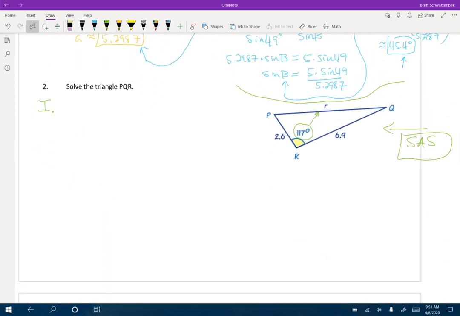You always take the side that you're trying to find on one side and square it. On the other side, you take the other two sides. So let's throw the variables in here. This is P and this is Q, right? We're going to take the sum of the two sides, each squared.